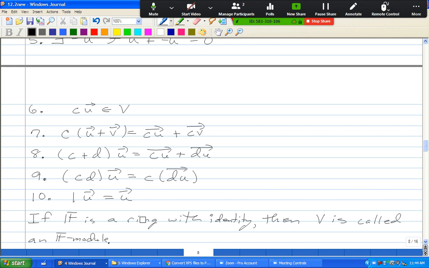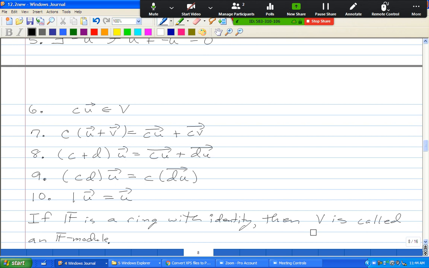So if F is a ring with identity, and the multiplication is not commutative, then V is called an F module. So instead of calling it a vector space, you'll call it a module if rather than the scalars being a member of a field, they're a member of a ring.